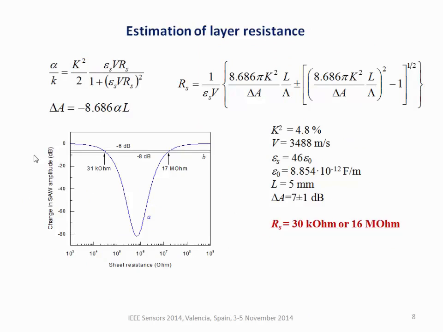So by measuring the attenuation constant, we can solve out and extract sheet resistivity. But unfortunately, since the curve is symmetric, the result is ambiguous. There are two solutions which correspond to the same attenuation.